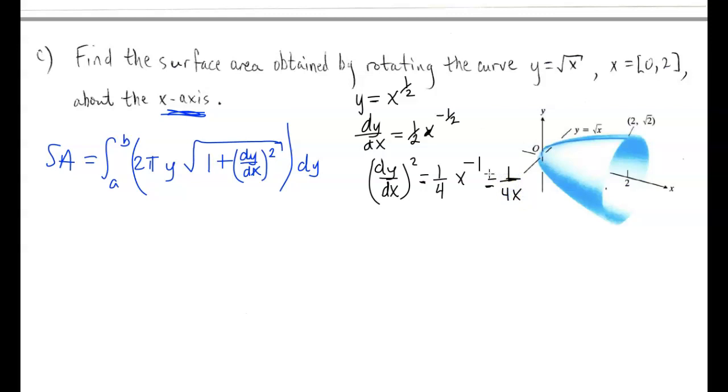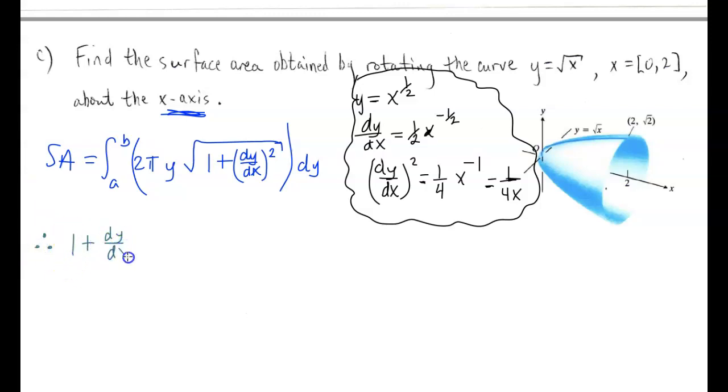Now that we have that information, we can use it to figure out what 1 plus the derivative of y with respect to x squared is, then take the square root of that and figure out what this integrand is going to be. I'm going to switch colors here. Therefore, we now have 1 plus dy over dx squared.